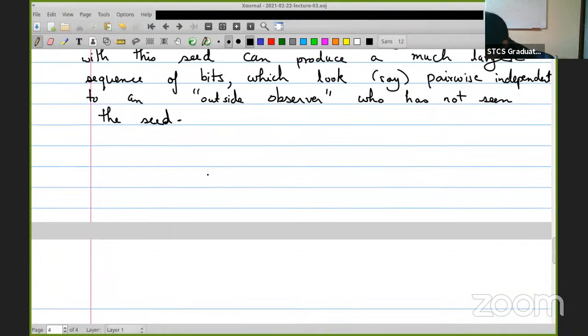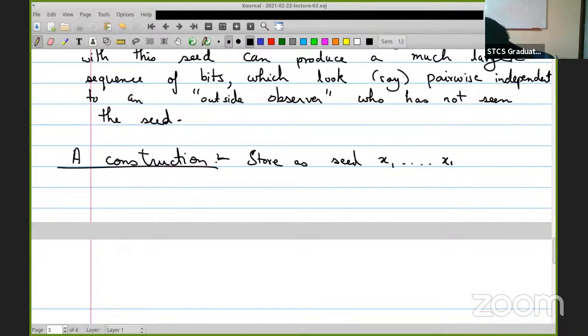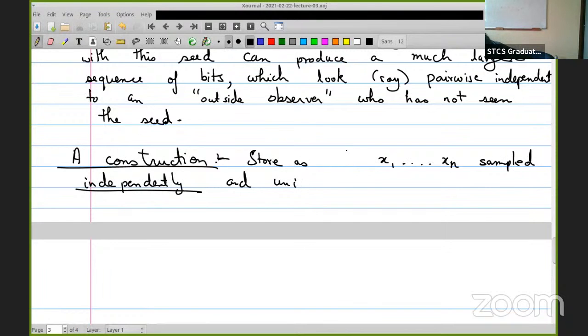So here is a construction. Let's say we store as seed s1 to sn sampled completely independently and uniformly at random.